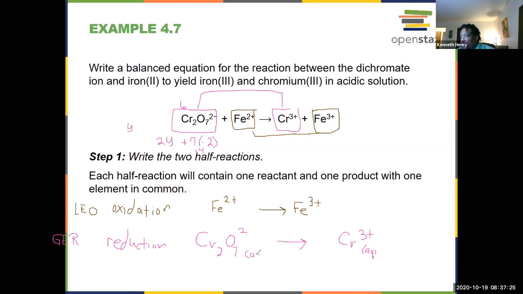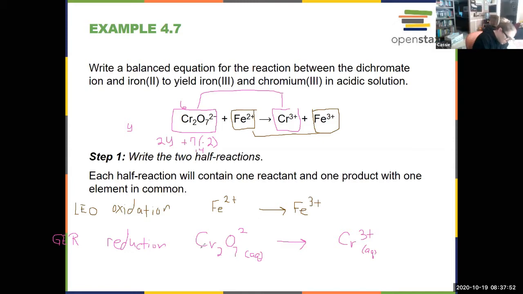Okay, so what was the next step? You balance everything except for oxygen, or the hydrogens. So up here we have one Fe, one Fe. Is that balanced? Yes.